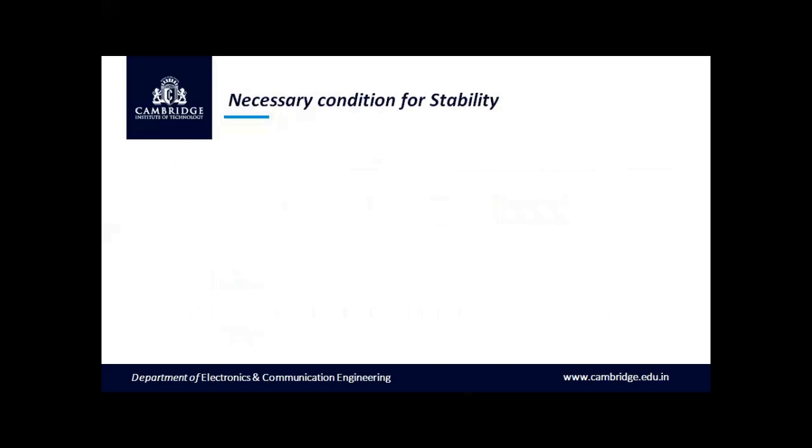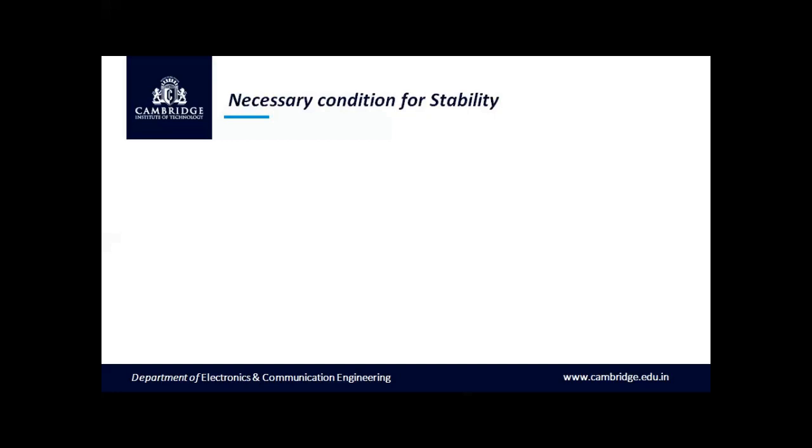So let us look into the necessary condition for stability. We know that the test for stability is the question of whether any roots are present in the right half of the S-plane. If so, we can say that the system is unstable.